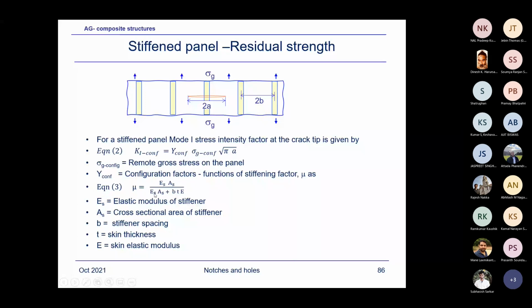B is the bay, T is the thickness, and E is the stiffness of this panel. So that's what we call the stiffening factor.